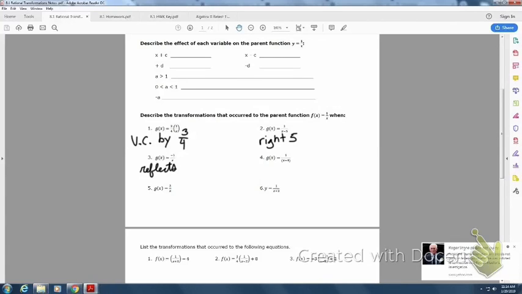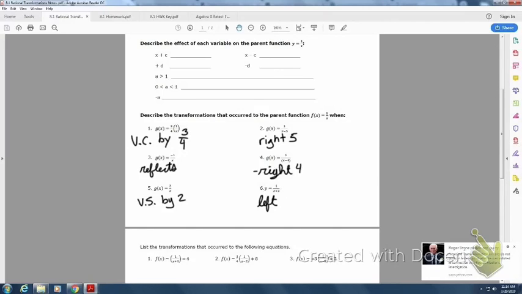To the right 4. Jen, 5. Vertically stretch. Malachi, 6. Left 3. If it was up, it wouldn't be part of the fraction.